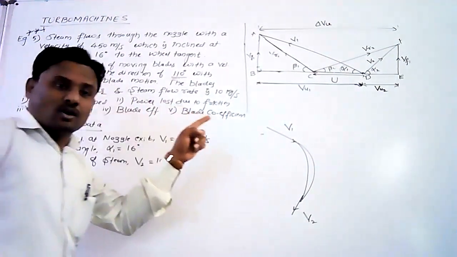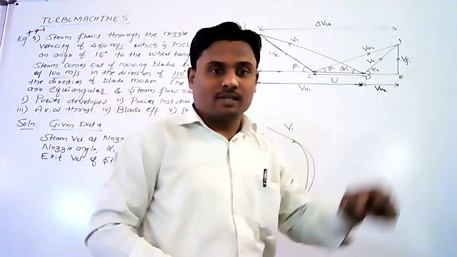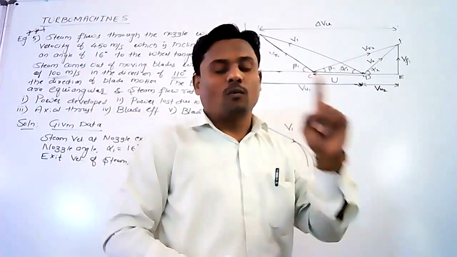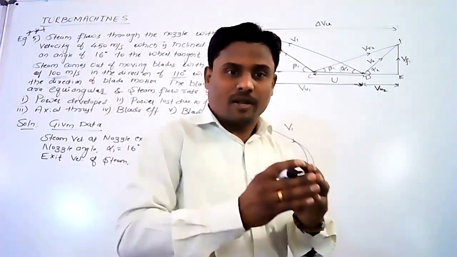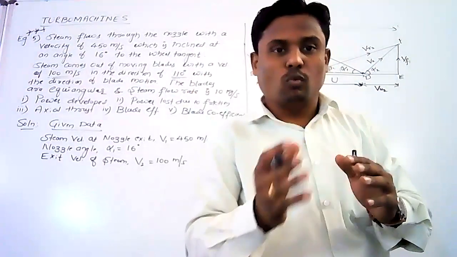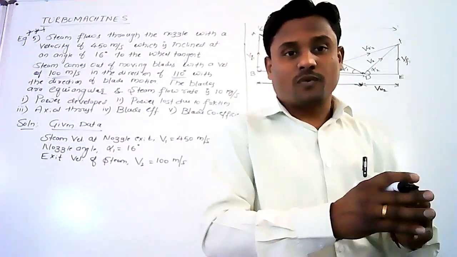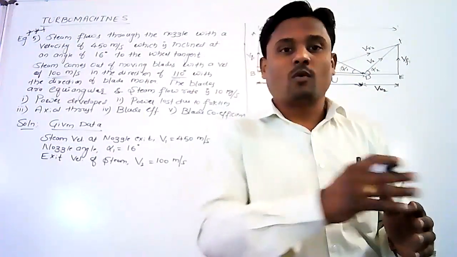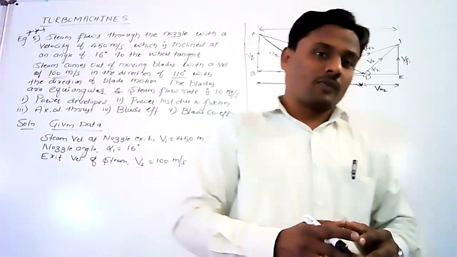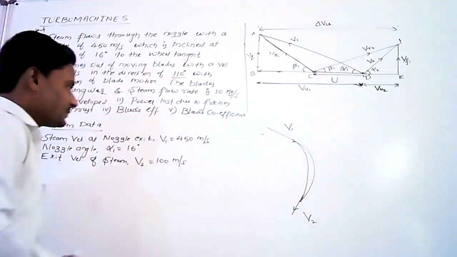Now the inclination of that exit velocity is 110 degrees. So remember guys, if the angle is given as more than 90 degrees, we have to subtract it from 180 degrees. This is the procedure.